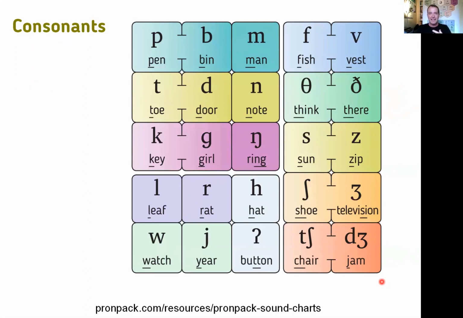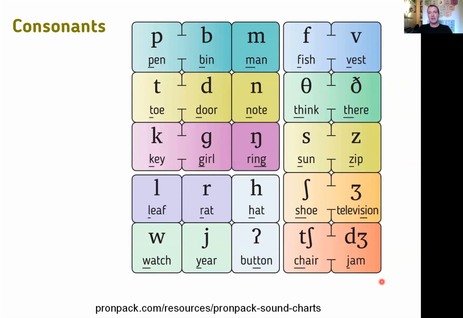You can see them in many cases. For example, if I say p as in pen, you can see that my lips are closed together. So that's actually visible, relatively easy to show and demonstrate to students.